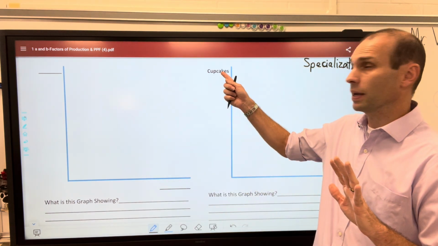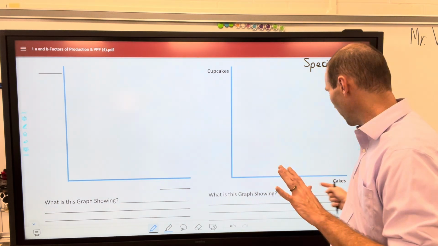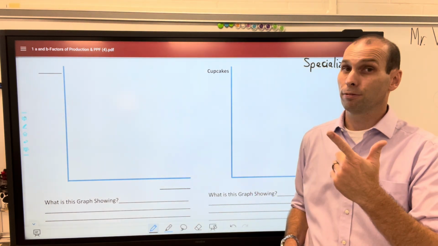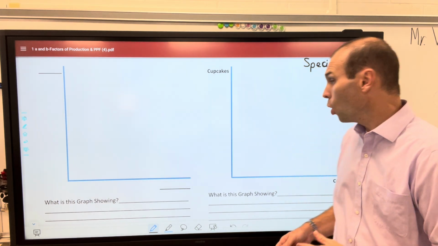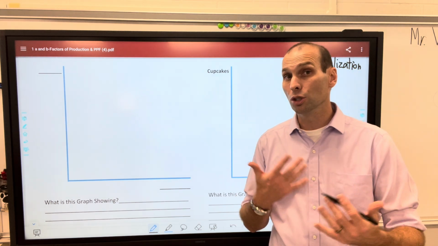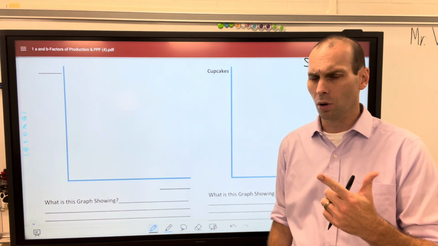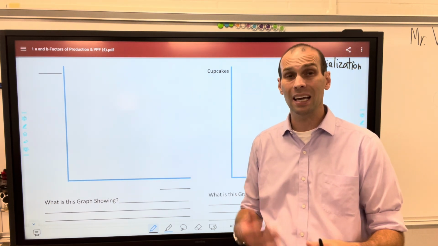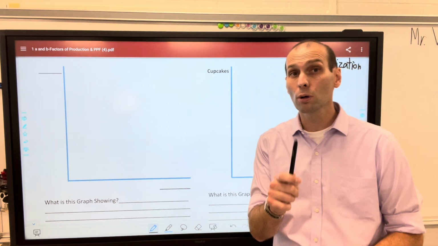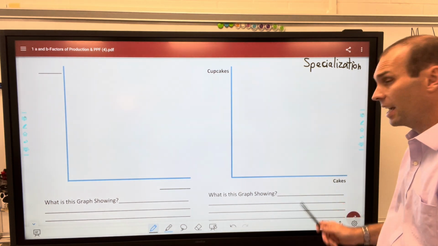So if you need that to make cupcakes, what do you need to make cakes? Well, a baker, flour, sugar, eggs. What kind of capital or machines do you need? Well, man-made goods used to make other goods. You need a mixer, a bowl, a whisk, a spatula, a cake pan, an oven. All of that would be needed for cupcakes, but it's also what you would need for cakes.